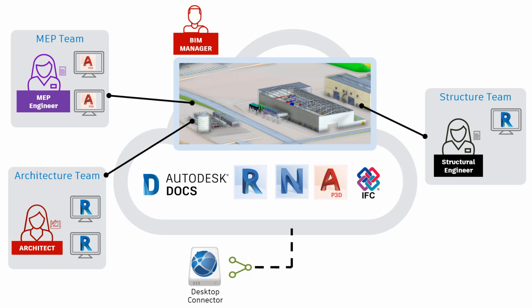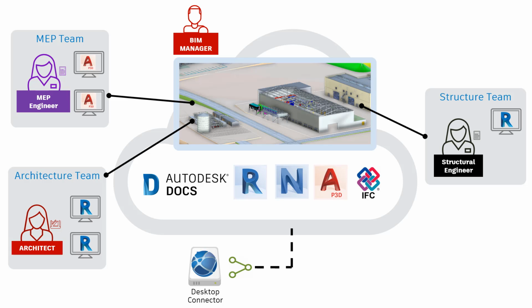This is just a simple example of how the different teams, split in disciplines here in this example, can contribute and work in the same common data environment, and how BIM managers can actually coordinate and organize these multidiscipline workflows that all teams can easily use.